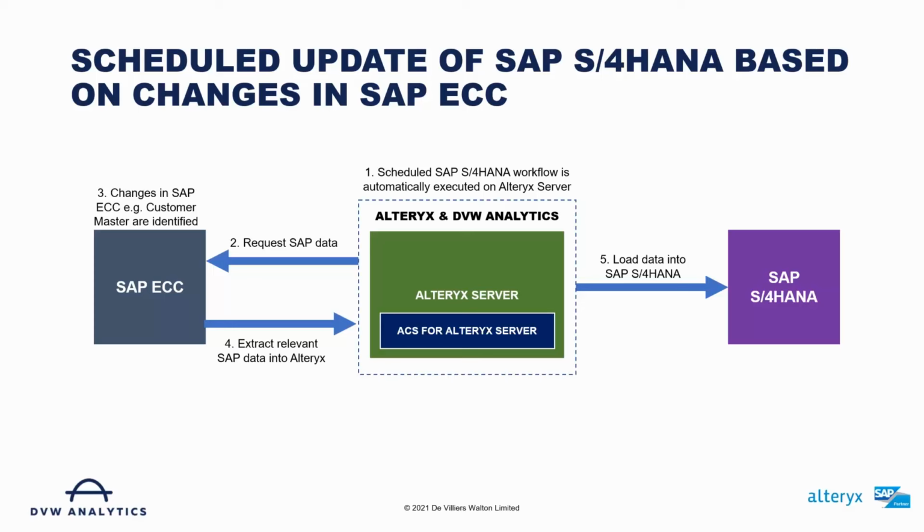The second mechanism, the outcome's the same. Actually, we don't really want to do the real-time. What we'll do is schedule a workflow to run, maybe late at night when things are a bit quieter, and we'll pick up any changes. So any changes to existing records or any new records that have been created, and if they're relevant for the SAP S/4HANA system, we'll move them through the landscape into SAP S/4HANA.